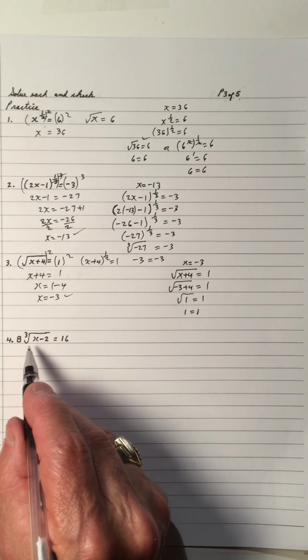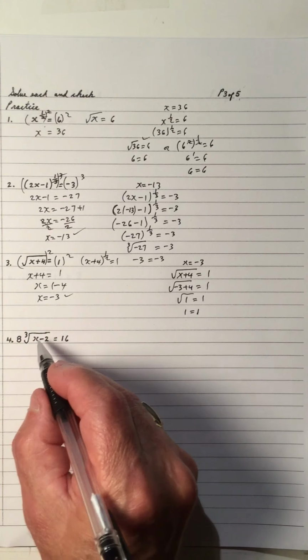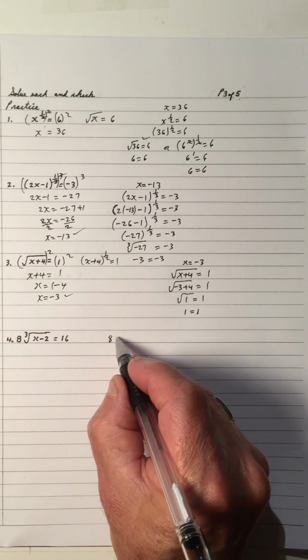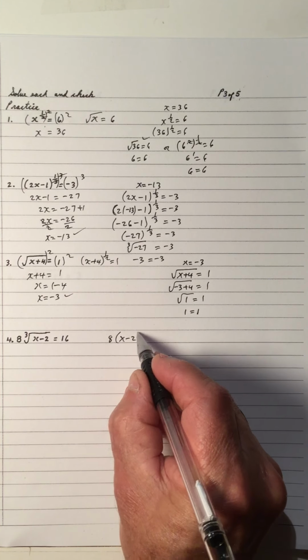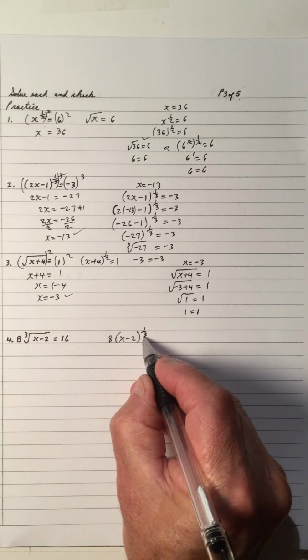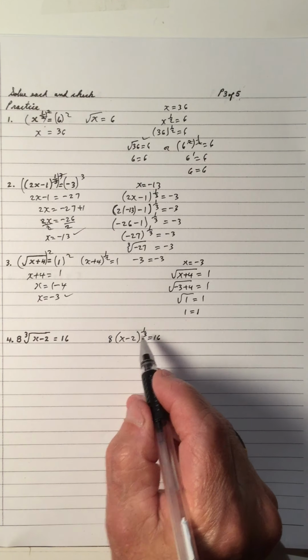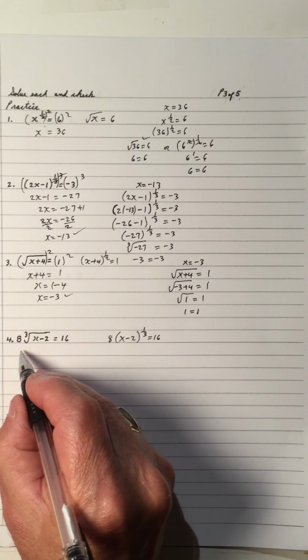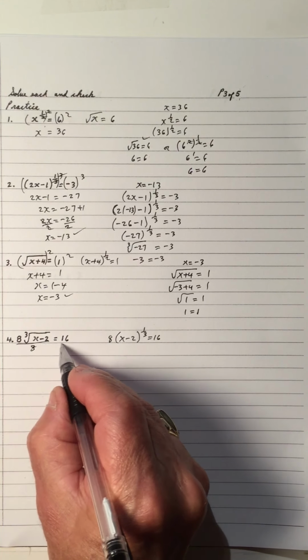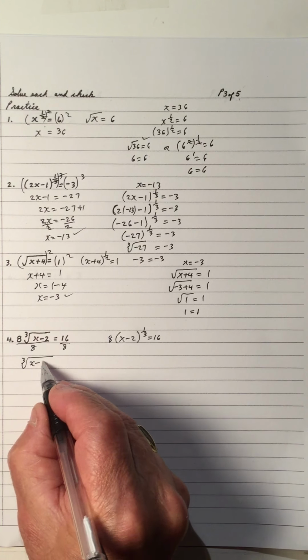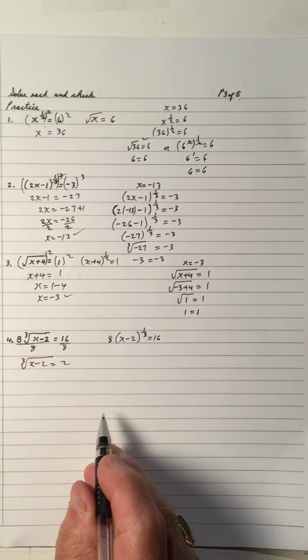And number 4, we have to isolate the root. We divide by, remember, this is also, just a reminder, x minus 2 to the 1/3 power. So notice cube root is 1/3 power. But if you let the root stay there, it's okay. You divide by 8. So the cube root of x minus 2 equals 2.